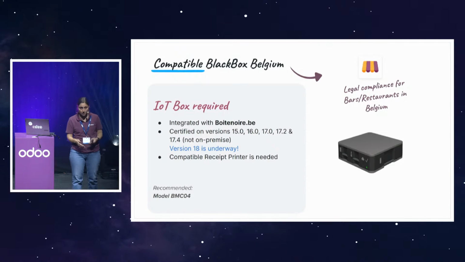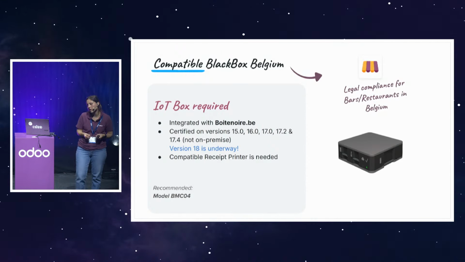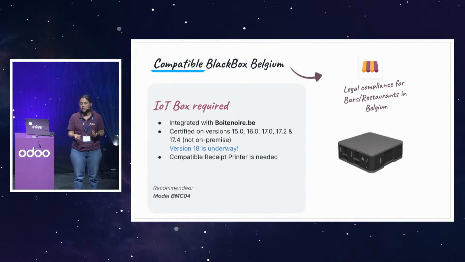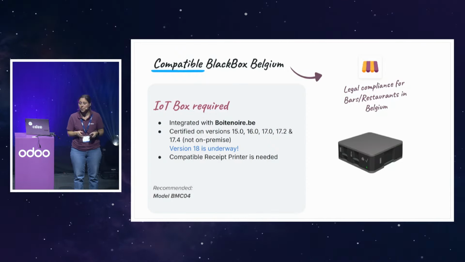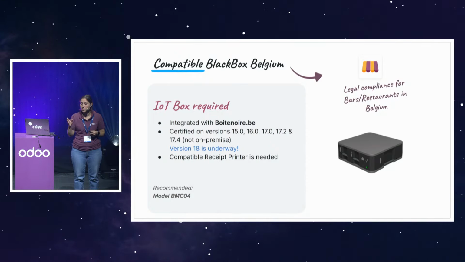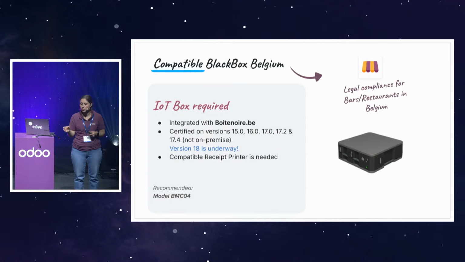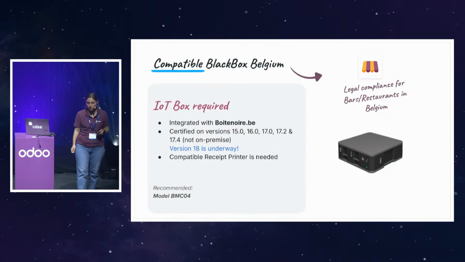You also absolutely need a receipt printer. This is really important. And we are integrated with Boîte Noire. So you need to have a black box coming from Boîte Noire. And for instance, we are certified on versions 15, 16, 17, 17.2, 17.4, and 18 is underway.